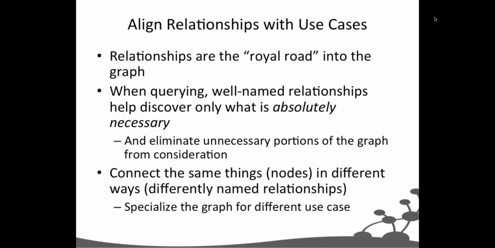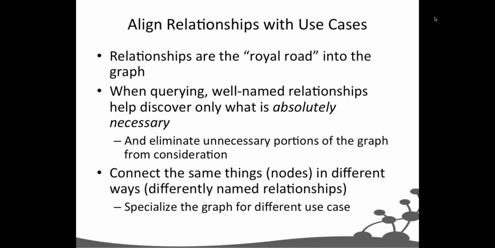So having well-named relationships is key when it comes to querying the graph, because a good graph query seeks to exclude as much of the graph as quickly as possible. It wants to throw away or grey out large swathes of graph. And we can do that by ignoring relationship names that aren't immediately applicable to the query or the question that we're asking.